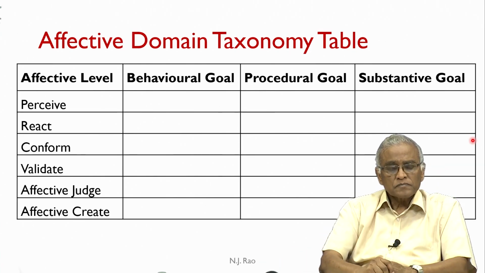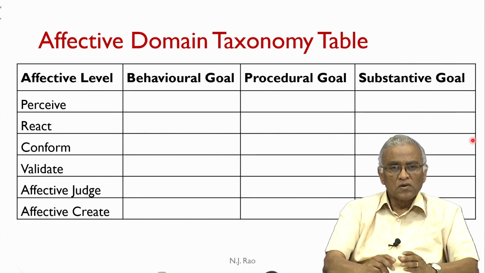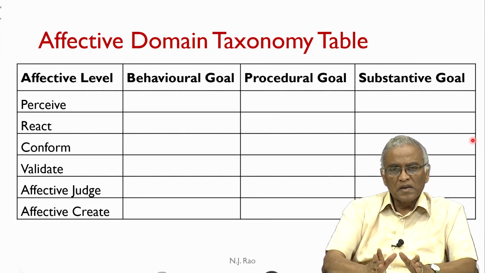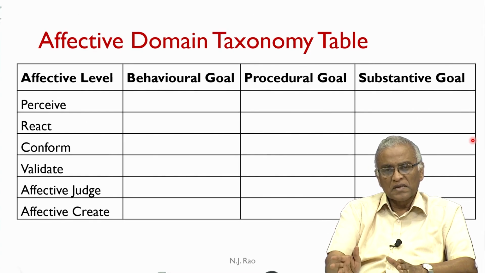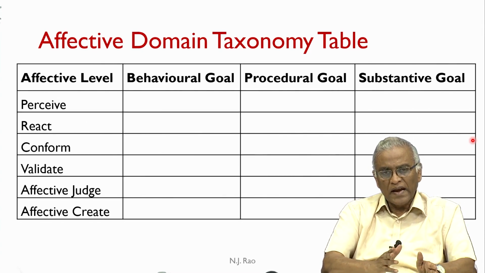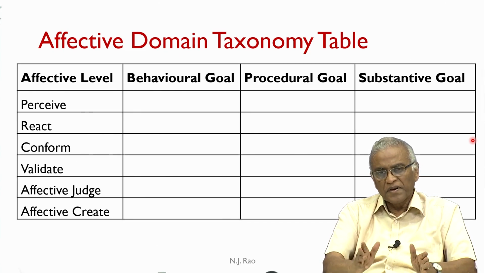Here the procedural goal is at a higher level than the behavioral goal, and similarly the substantive goal is at a higher level than the procedural goal. So, it is not strictly a hierarchy, but one can talk about more difficult and more difficult to achieve.